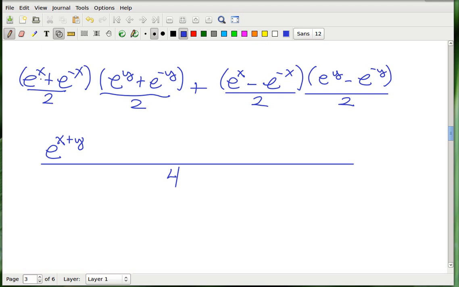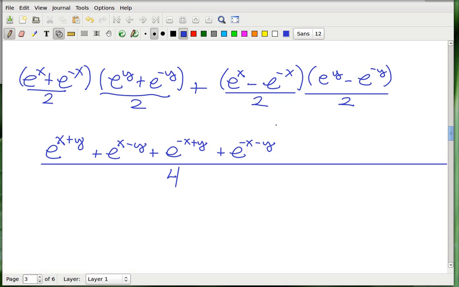So e to the x times this thing is plus e to the x minus y. I hope you see why that's true. You have to ask me in class if that is giving you a headache. Now do this one, and that one is e to the minus x plus y. And the very last one is e to the minus x minus y.